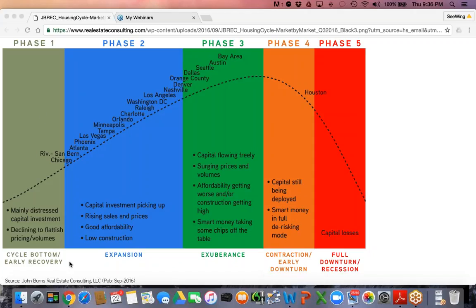Phase one is pretty much, as we describe here, mainly distressed capital investments, declining to flattish pricing and volumes. Based on past experience, in terms of a timeline, phase one would be around 2008, 2009, 2010, 2011.